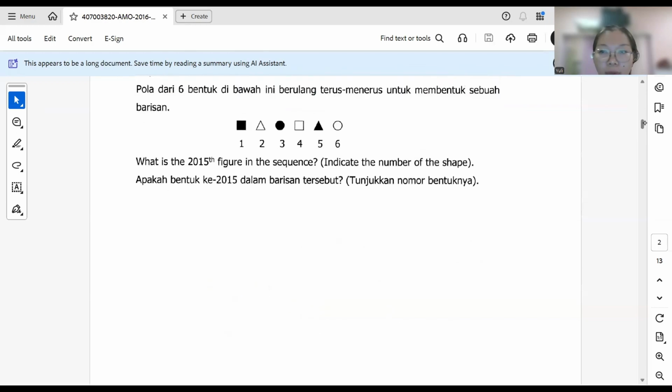Going to number 4, we have to find a pattern. So you can see from this number 4, it has a pattern that repeats every 6 figures. So that means you have to find how many times it keeps cycling and where the last position will be. So 2015 divided by 6, because it keeps repeating every 6 figures.